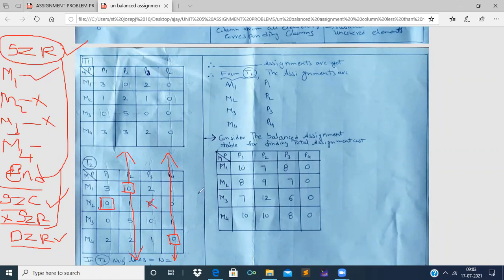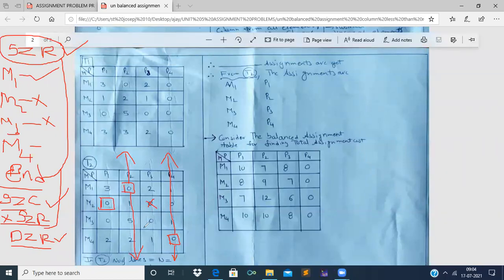And now we have to strike off the first column as assignment is given.